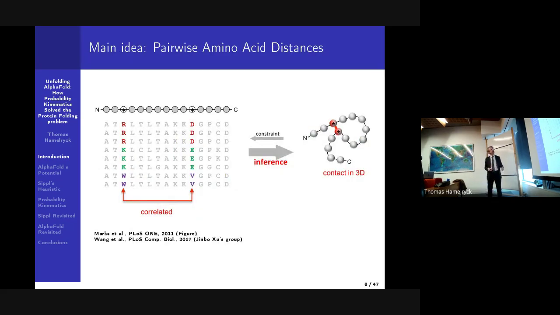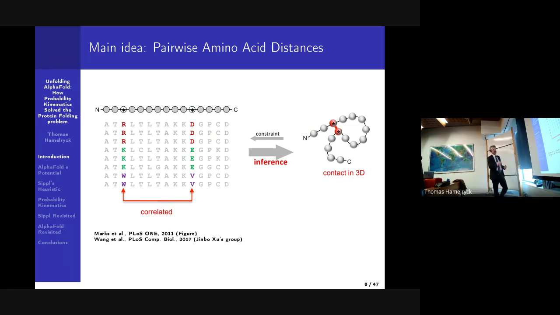So what is the general idea in this method? The general idea is essentially, can we predict which amino acids are close together in space? And why is it possible? Well, suppose that you have an amino acid sequence and you want to predict the three-dimensional structure. The first thing that you do is you get a lot of related sequences, so proteins that belong to the same family.